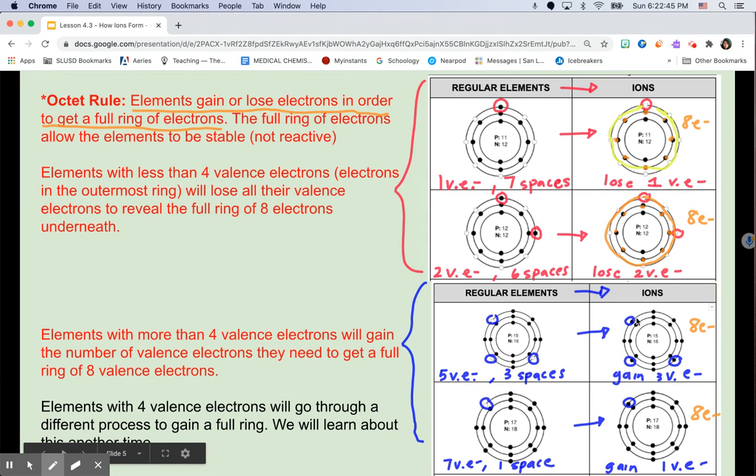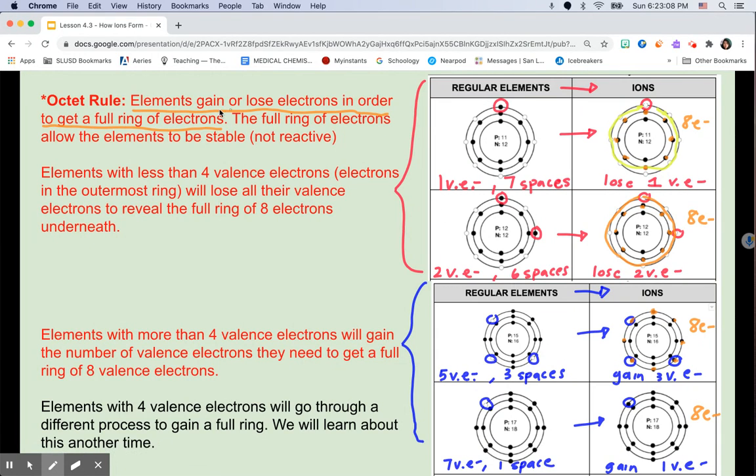And once they find 3 valence electrons, they will have a total of 8 electrons, just like the other types, right? So 1, 2, 3, 4, 5, 6, 7, 8. If I count the electrons on this outer one, I will also have 8.